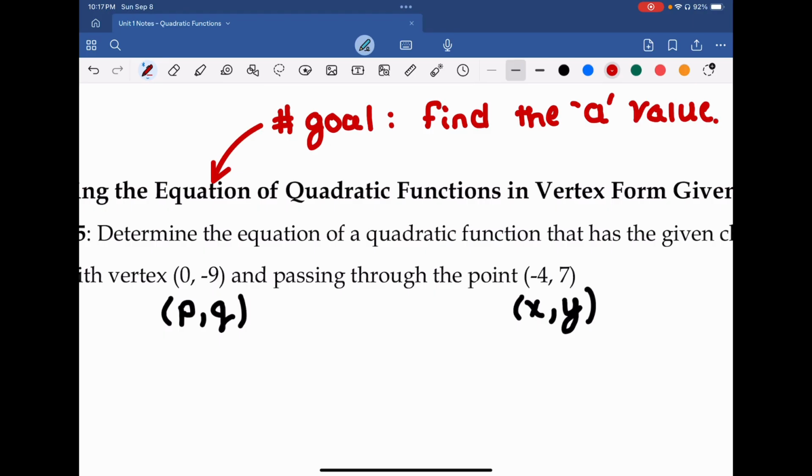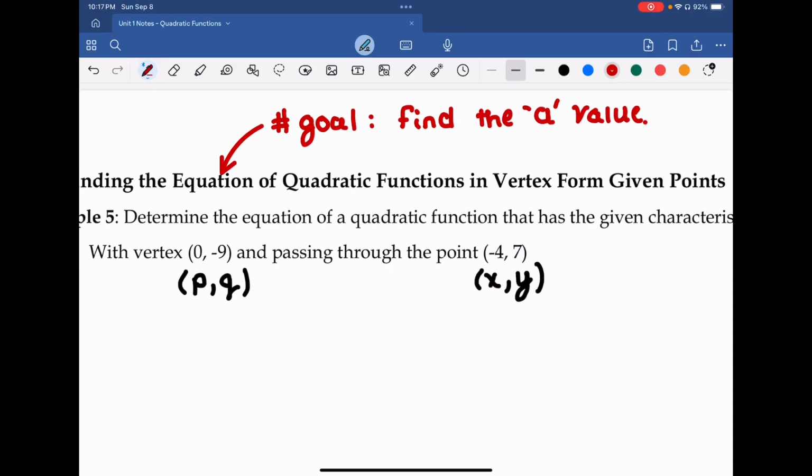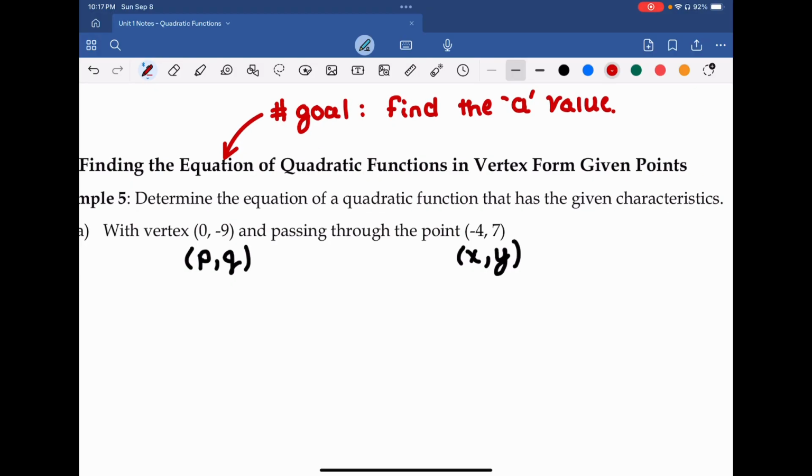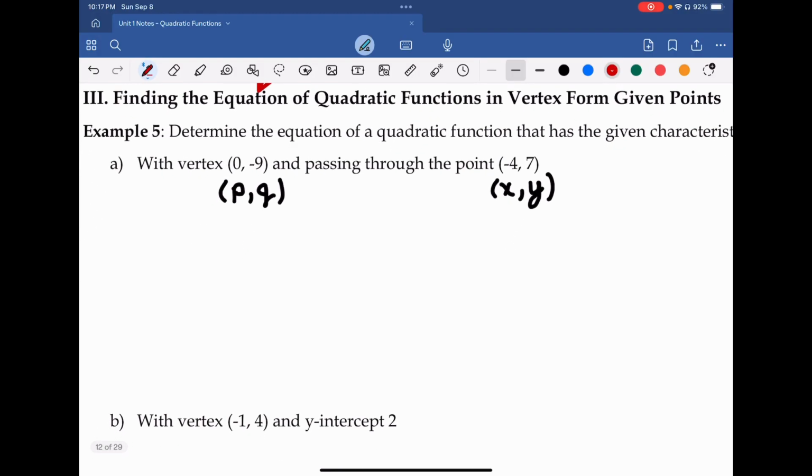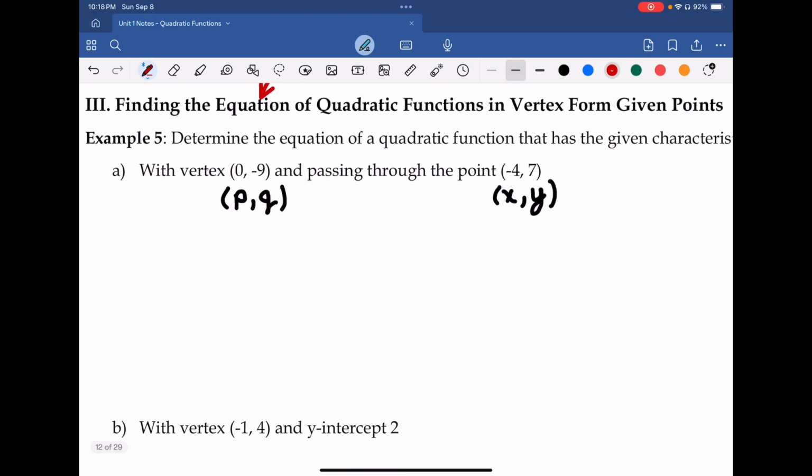Now, I say that because unless it's specifically given within the problem, which it often isn't, the a value is the stretch factor, and if it's not appropriately put into the equation, we may just think, oh, there's no stretch factor, but that's not true. When we have these descriptions, we need to figure out what that stretch factor is if it's not given. So that's our whole goal here. We have a p and q, we have an x and y in this first one, and number one goal, let's find the a value.